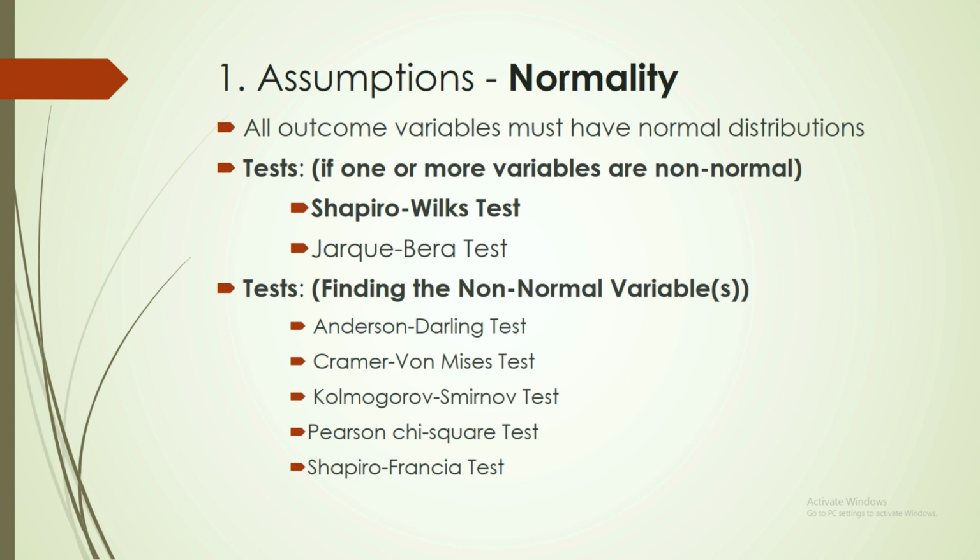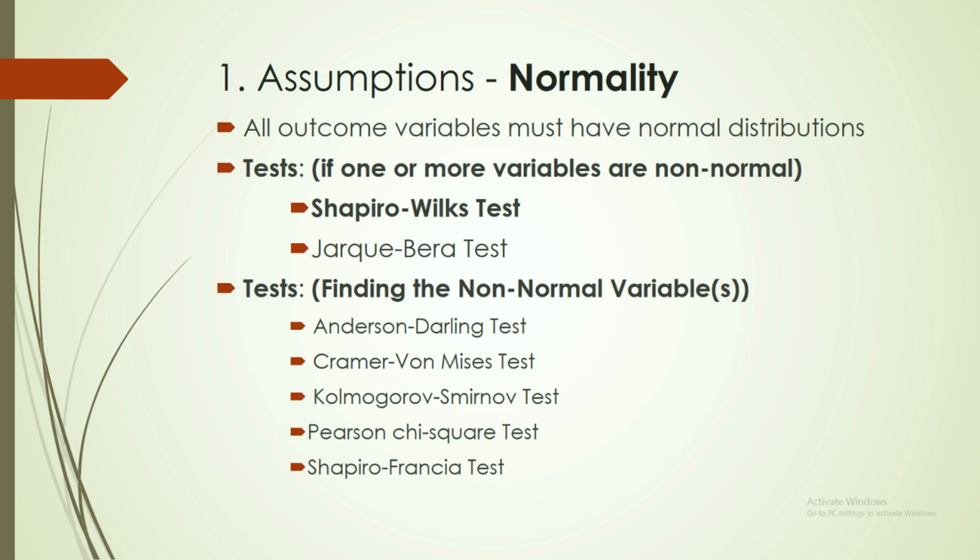There are three assumptions that we must meet in order to proceed with the multivariate analysis. The three assumptions are normality, and also the determinant of the variance-covariance matrix must be positive for the data set.